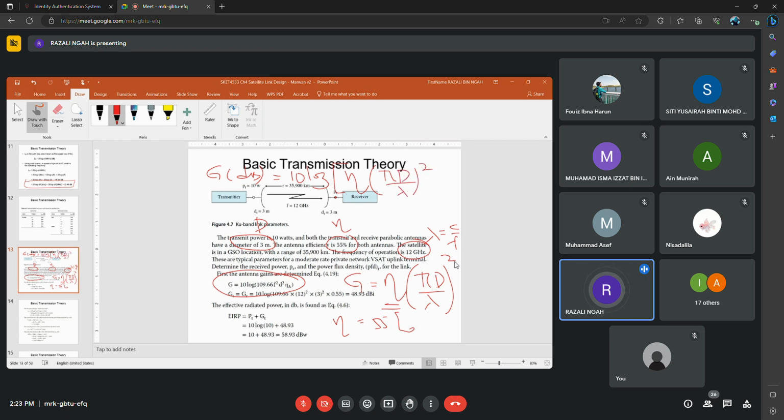Don't forget to square. So you will get the antenna gain in dB. This equation will be given, so you don't have to remember. So we didn't use this equation.